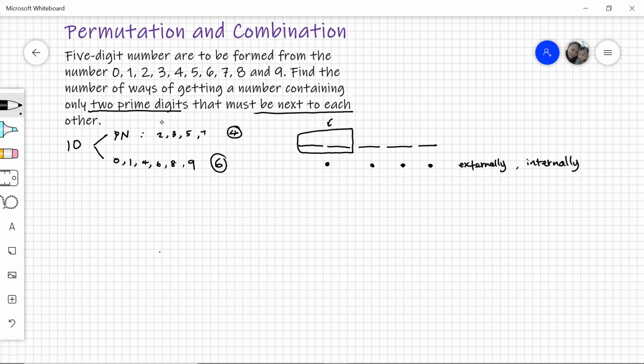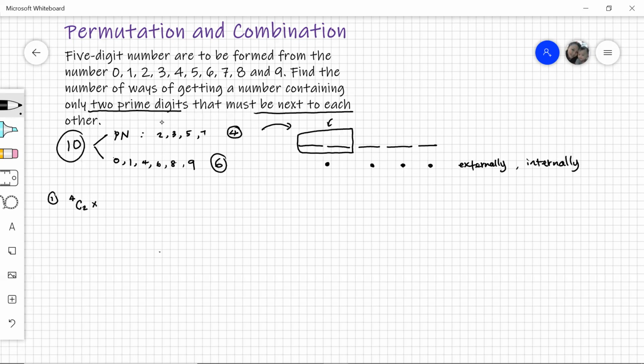Since we have more than 5 empty spaces' worth of digits, we have to first choose the sufficient number so that we can put into the next phase, which is to arrange them. That means first we choose 2 out of the 4 prime numbers, and then out of the non-prime numbers, we choose 3.